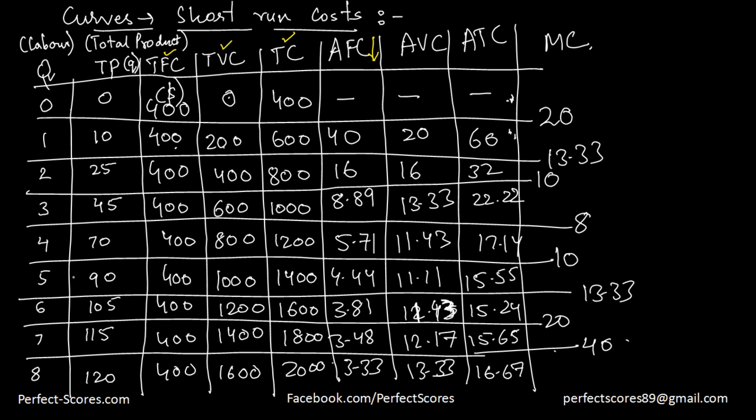So if the quantity of labor employed is 5, that means at total product equal to 90, it actually reaches its minimum point, and then it grows back again.